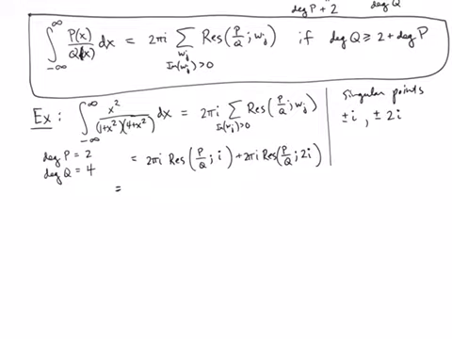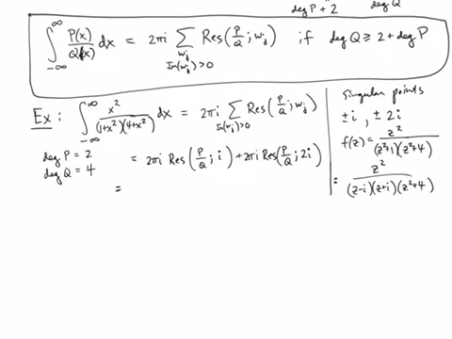So let's say f of z is z squared over (z squared plus 1) times (z squared plus 4). Looking at the residue at i, I can factor that z squared plus 1 as (z minus i) times (z plus i), and leave the z squared plus 4 alone.